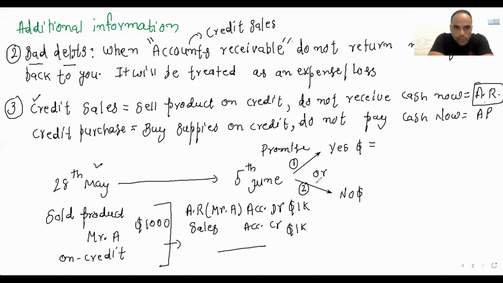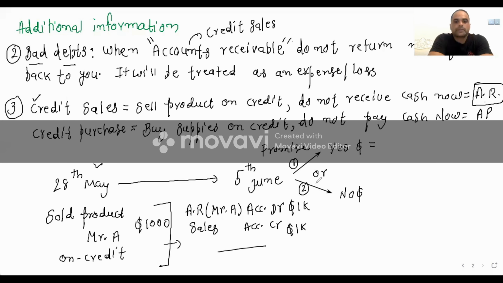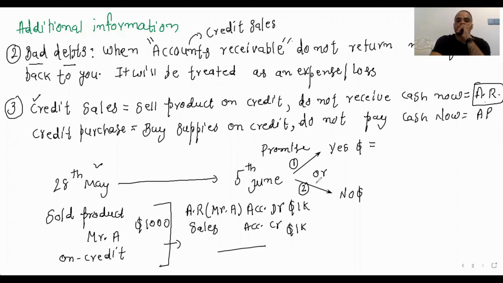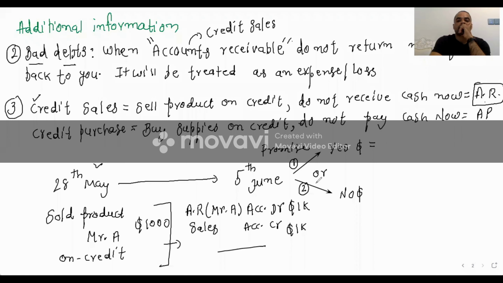Tell me. Sales credit, cash debit. Cash debit, yes, that makes sense.